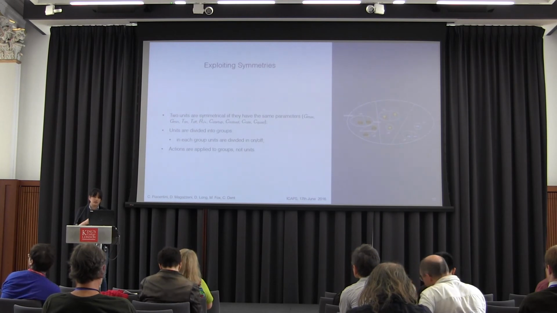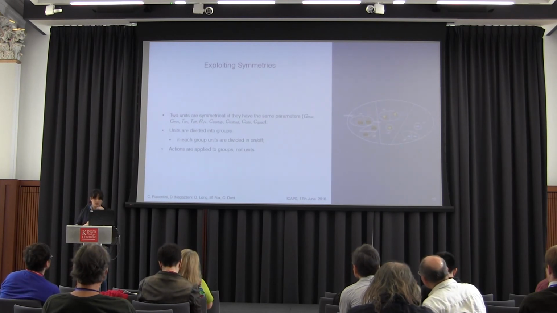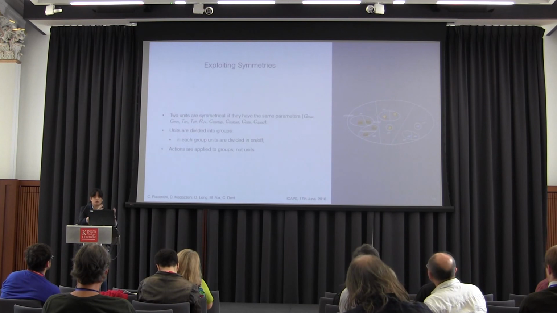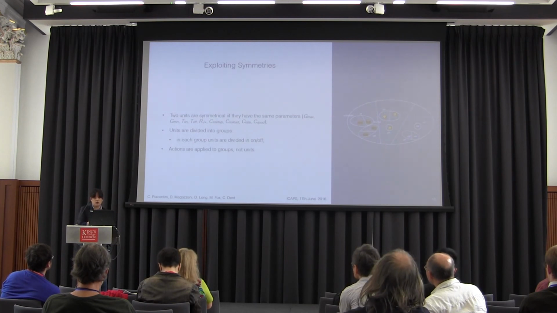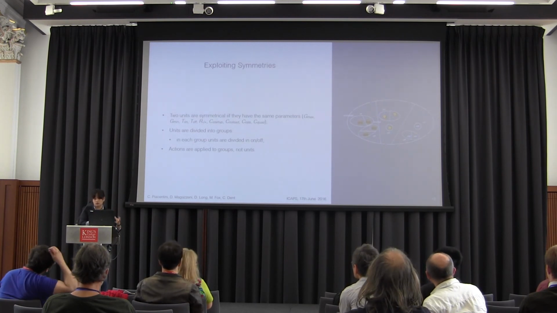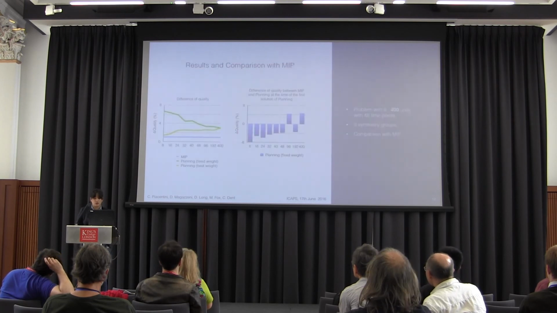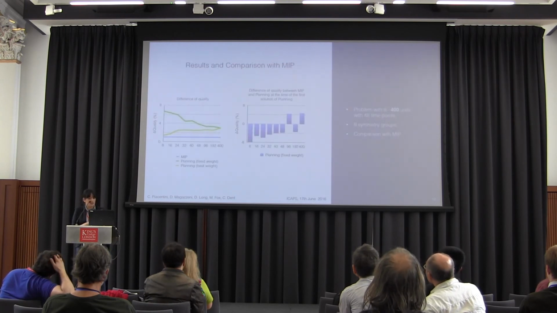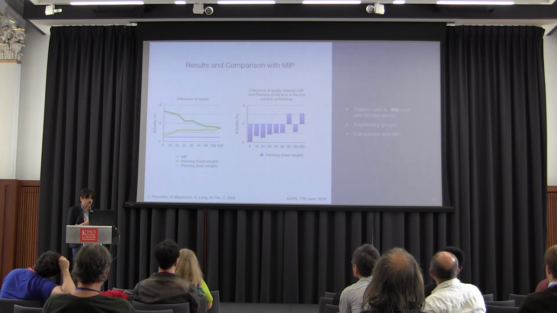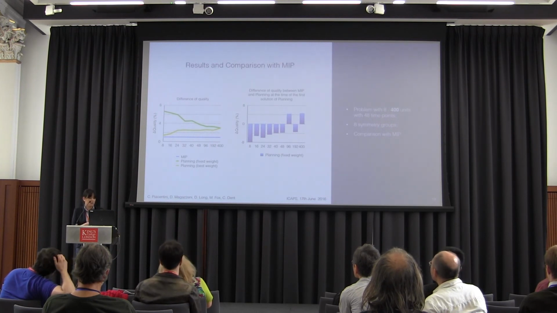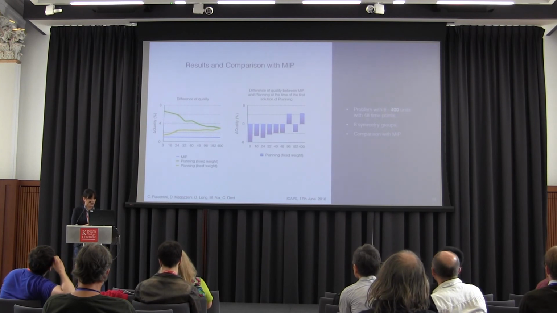So instead of saying we want to switch on this particular unit, we say we switch on one unit of this group. And with this symmetry taken into consideration, we can solve problems with up to 400 units.